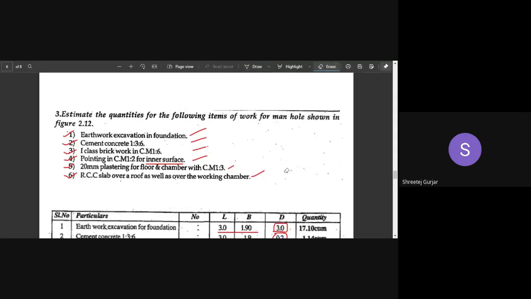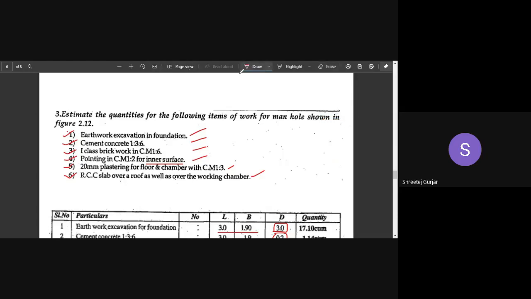I hope it is clear. With this, I think we can finish up with your manholes. In the next class, we will start with road estimation, wherein we need to calculate the volume of earthwork required for road construction, embankment. That we will start in the next class.